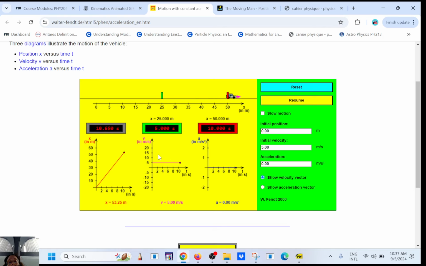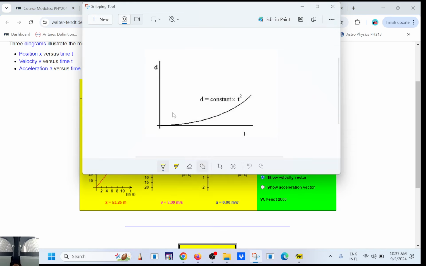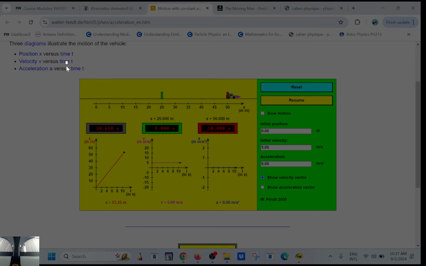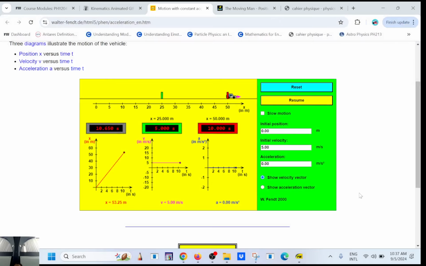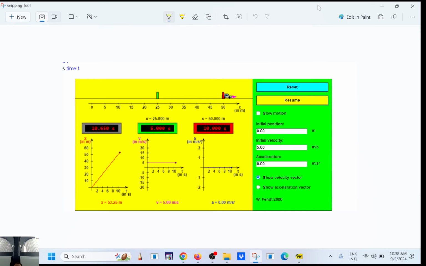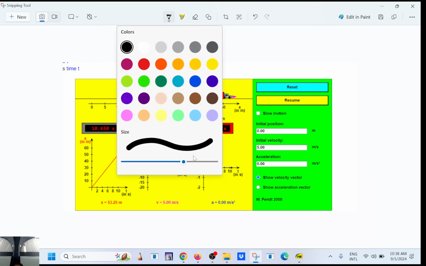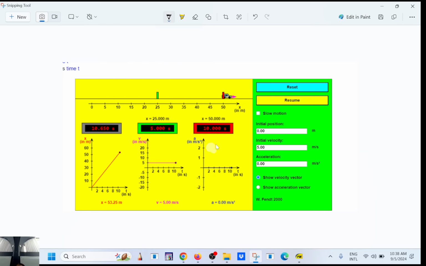So this is a very simple case, but let's look here at the equations that we have, just using algebra. So here you can see the acceleration is 0, right? Acceleration is 0. You have a horizontal line, so that means it's a constant value.